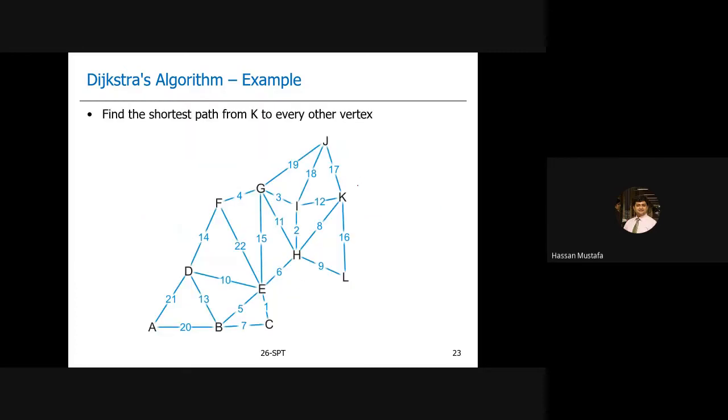You can also try this graph to practice. I would not go through the details of this graph in this lecture, but we have the slides ready for this graph. I would share those slides with you. You can go through this graph on your own and then compare your solution with the solution given in the slides.